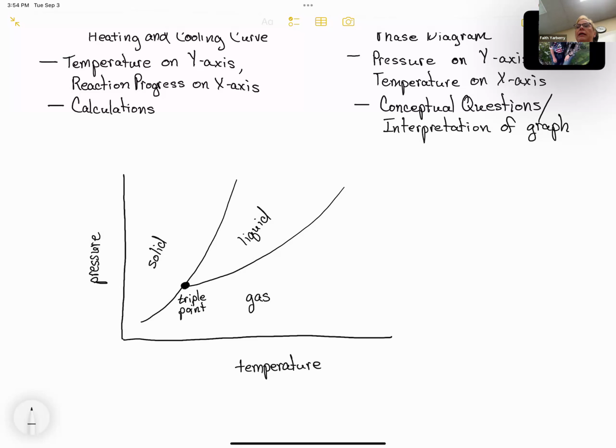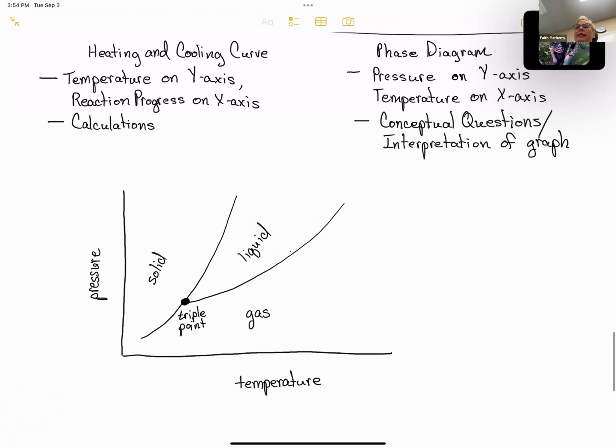Now, at this liquid-gas line, up at the very, very top, where you're at high pressure and high temperature, you can get a supercritical fluid.